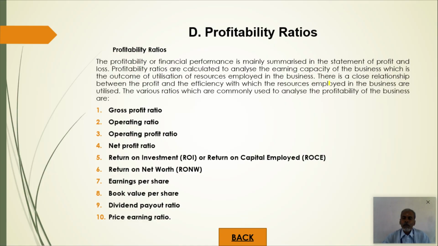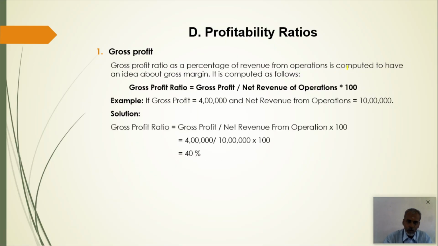Right? So an investor generally does a fundamental analysis, and in fundamental analysis, this ratio plays a vital role. We'll just go in quickly about this profitability ratio. We'll take the financial statement, that is the trading account.